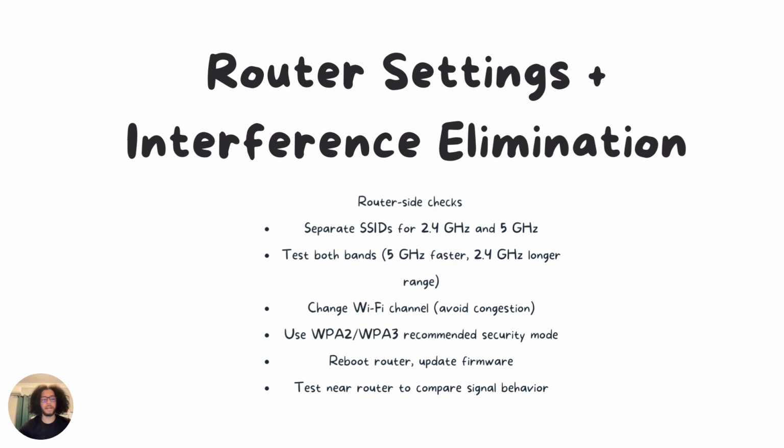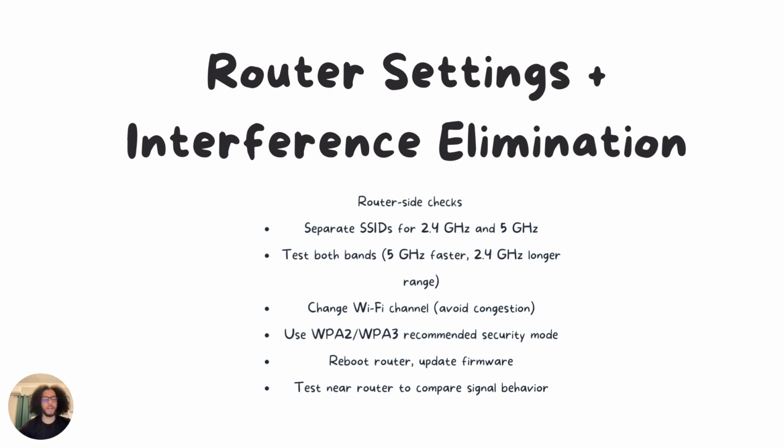Okay, the seventh slide: router settings and interference elimination. Next, I will test the router's settings. I will separate the 2.4 GHz and 5 GHz bands to compare stability.